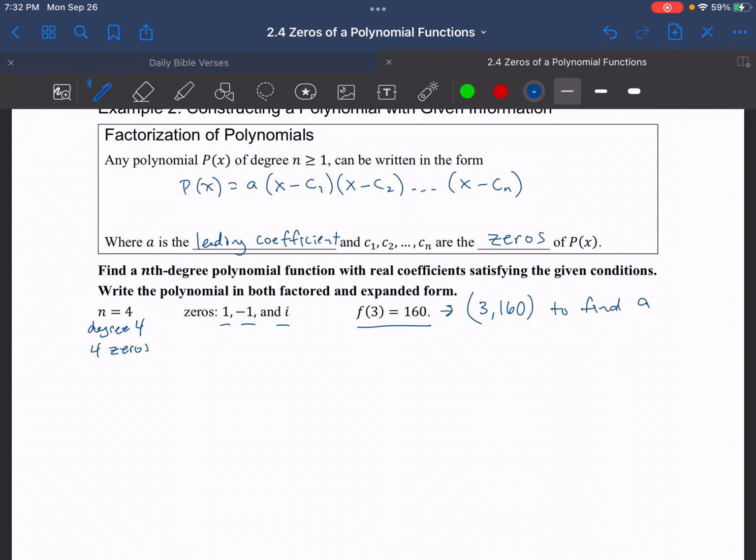So if they tell us 3 of the zeros, but we know there has to be 4, we can simply take the one and only complex zero and add on its complex conjugate, so just negative i.